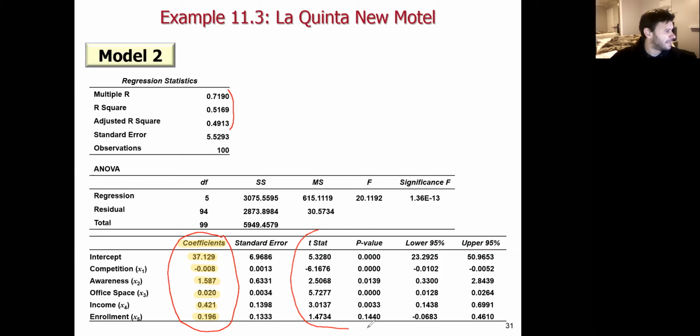We have a T-statistic, and we're going to talk about this in a minute, and the associated p-value for that T-statistic that runs what's called a significance check on each of these individual X variables to see if the effect of that variable is statistically significant in being able to predict or explain the operating margin.